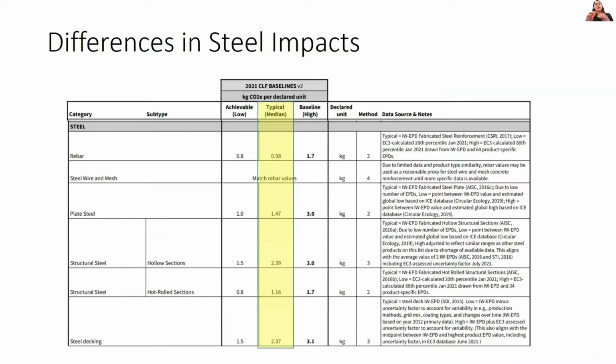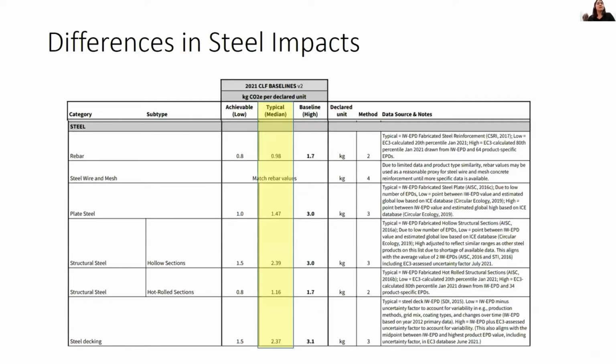So when we're thinking about the different steels and their different impacts and trying to figure out which ones are the cleaner ones or the dirtier ones, we can start to look at the impacts of the different shapes. This is what the CLF says about the typical median GWP numbers for different shapes.